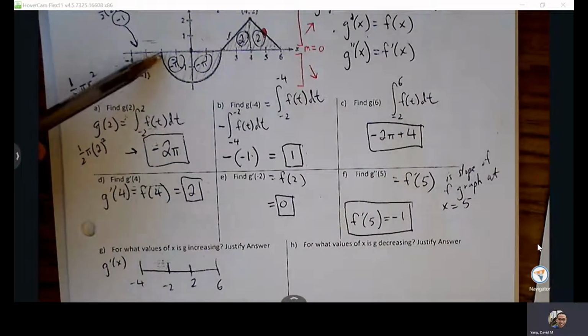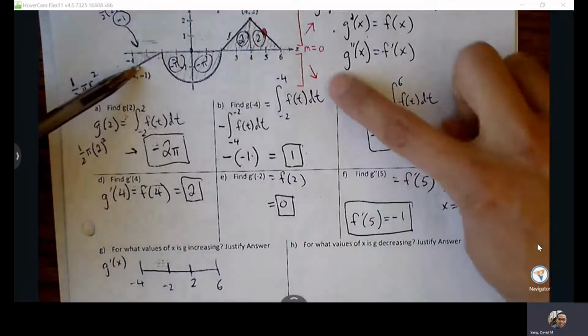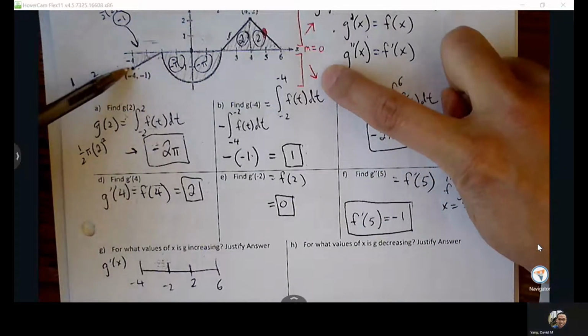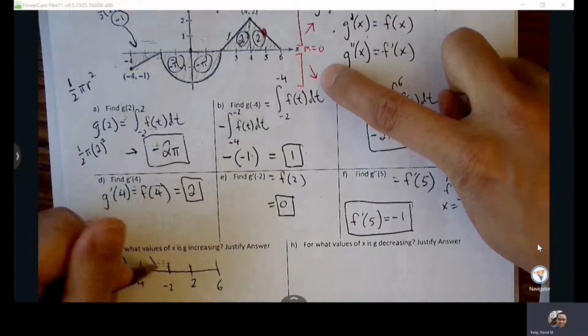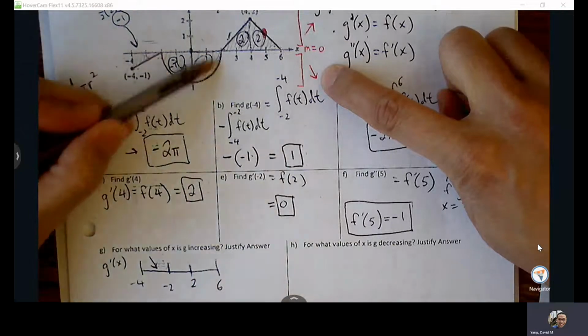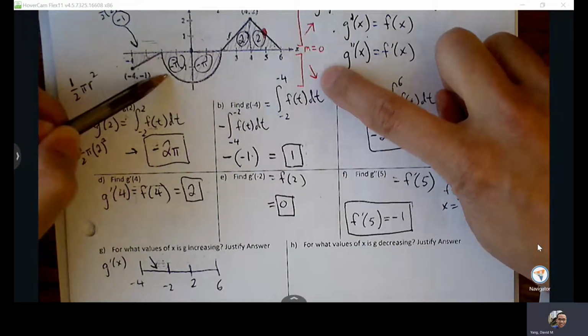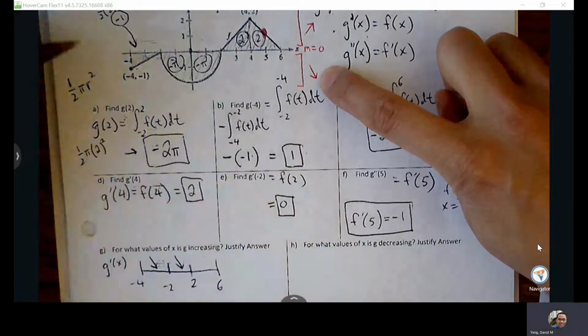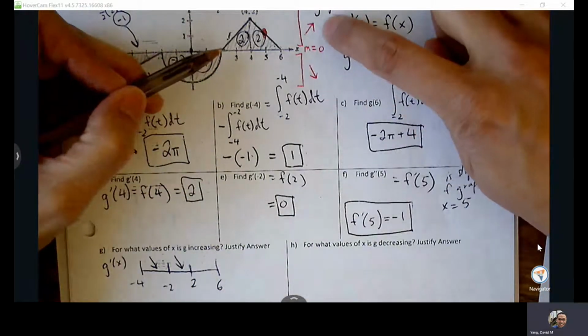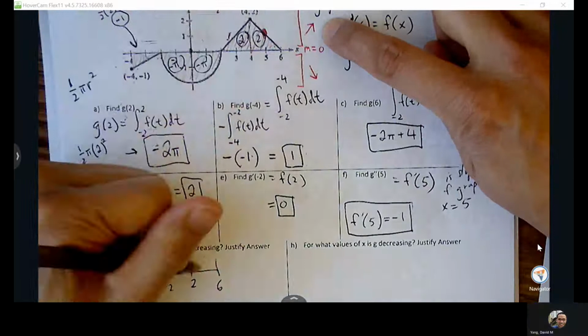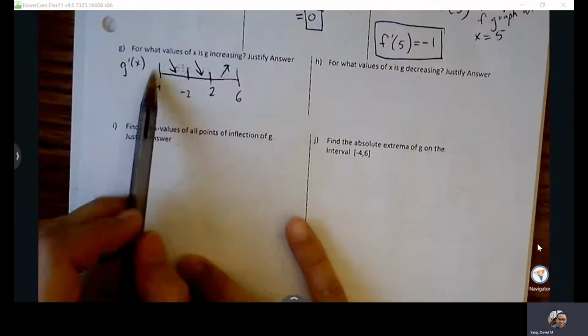Between -4 and -2, we see that this is below the x-axis, right? So it's going to be negative slope. Between -2 and 2, still in this negative region here. And between 2 and 6, above the x-axis. So where is G increasing? We can just look at the arrows now.